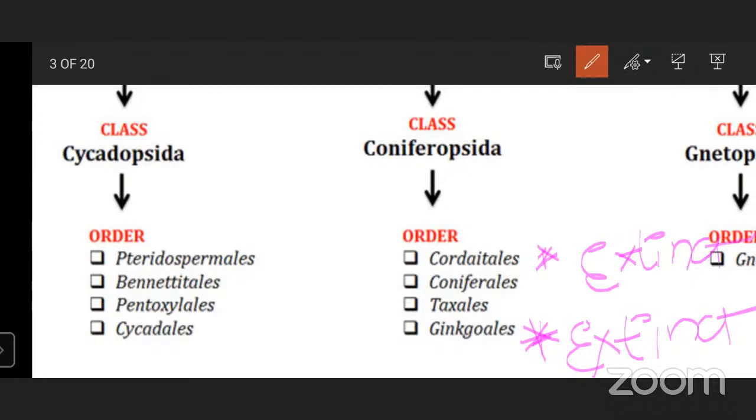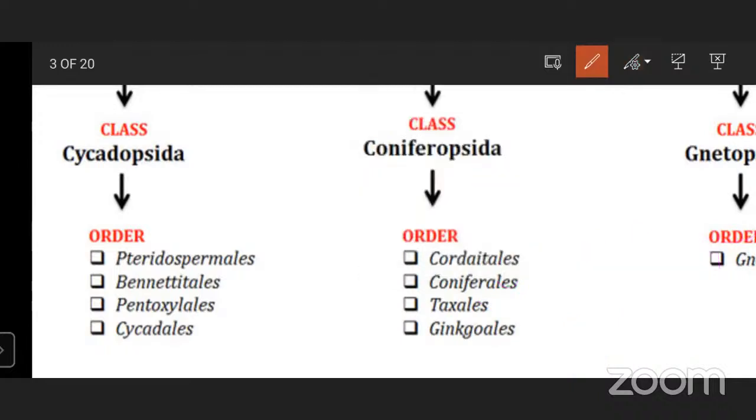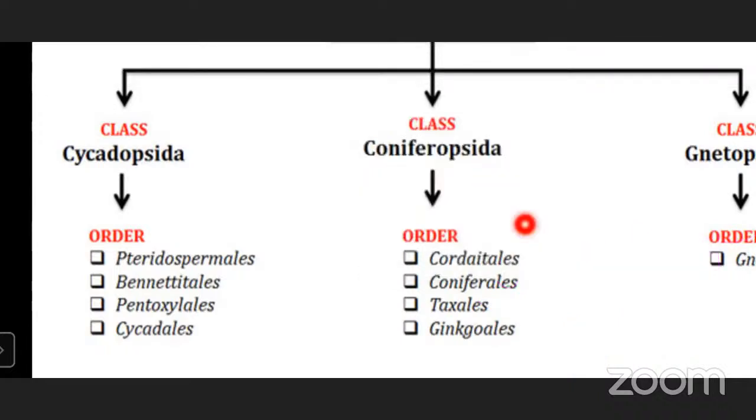There is no single plant which is present in living condition. Okay. Next, in the orders Coniferales as well as Taxales, living plants are present. These two orders consist of living plants.